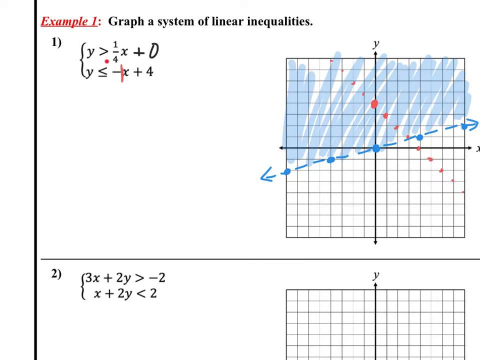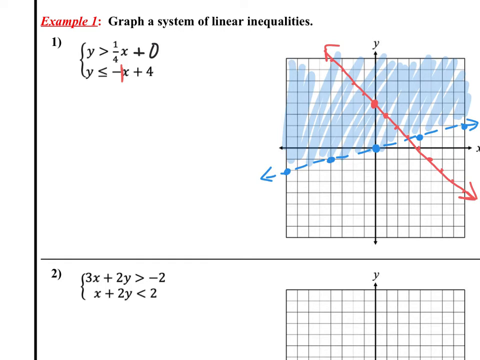And it is less than or equal to, so we should have a solid line here, and I'm trying to draw it straight. That was pretty good. Okay. Because it is less than or equal to, I'm going to shade below the line.